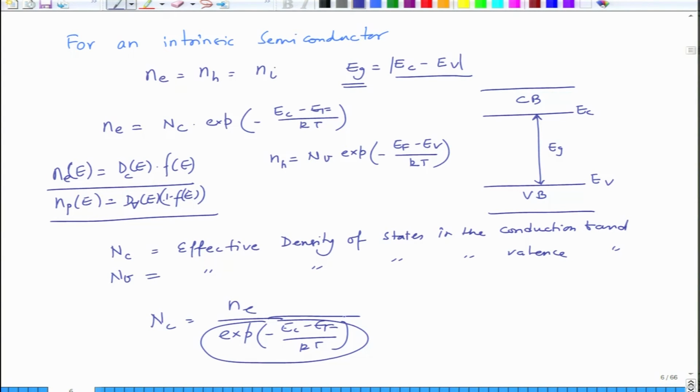You can take this upstairs, you can take this up, and it becomes exponential Ec minus Ef divided by kT. So this is the probability function, 1 over exponential whatever, and this becomes the concentration. So essentially the concentration divided by probability function is nothing but the effective density of states. So that is why this Nc is taken as effective density of states in conduction band, and Nv is taken as effective density of states in the valence band.